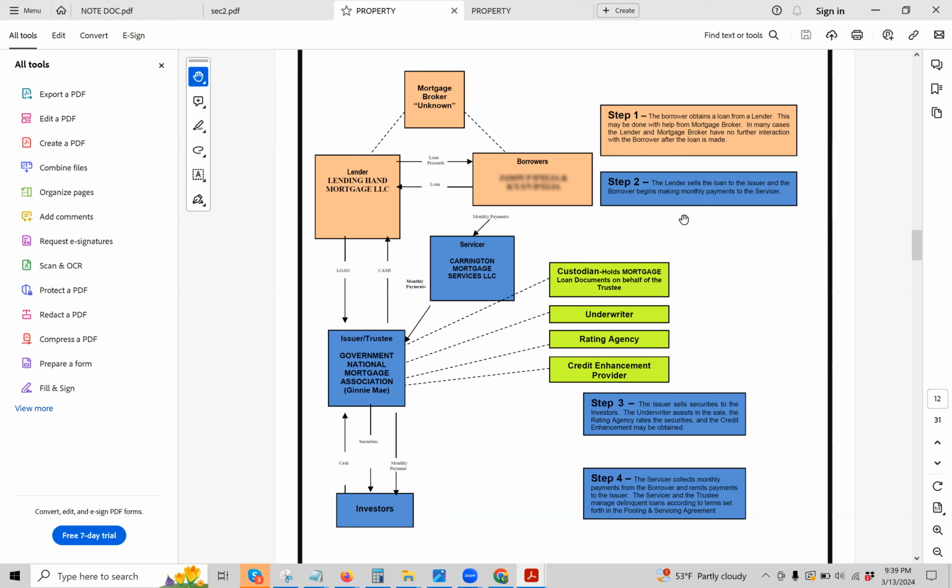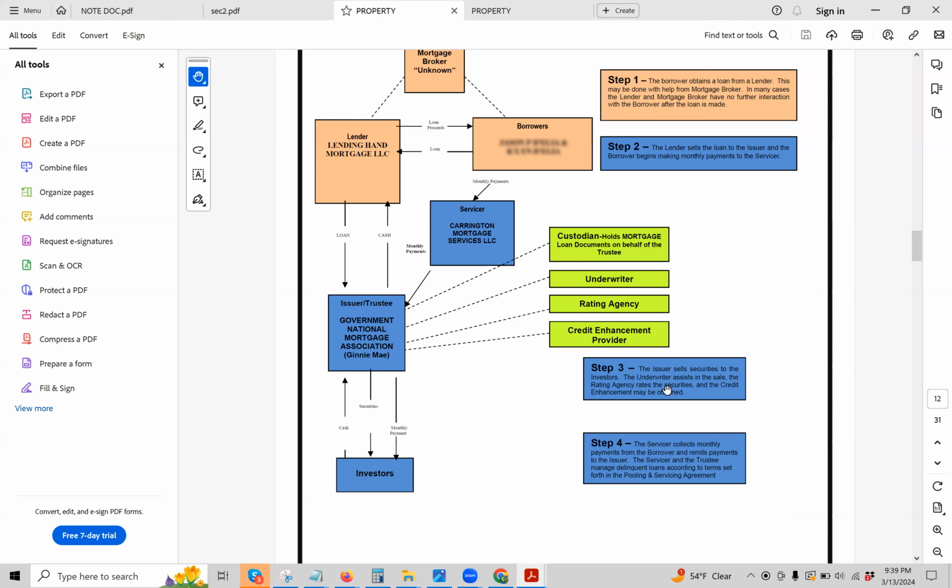Then it says the lender sells the loan to the issuer, and the borrower begins making monthly payments to the servicer. Step three, the issuer, keep that in mind, sells securities to the investors. The underwriter assists in the sale. The rating agency rates the securities, and credit enhancement may be obtained.